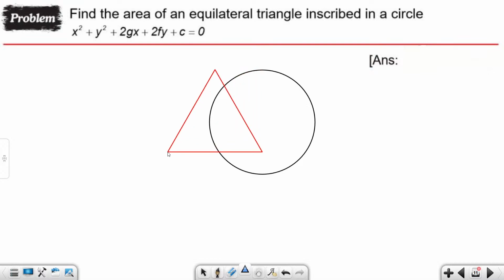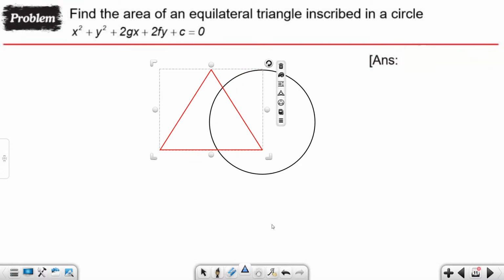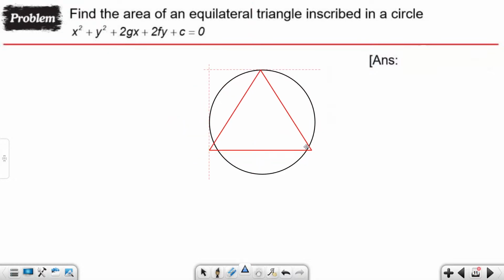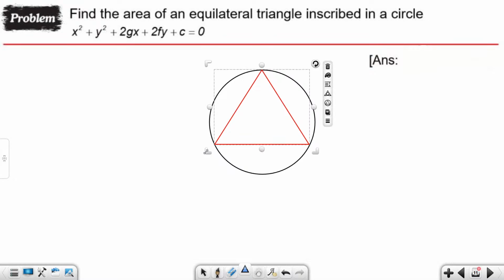Okay, so let me just choose a right angle triangle. I'm sorry, equilateral triangle. So this is our equilateral triangle. And let us consider, already they have given the equation of the circle is x square plus y square plus 2gx, the general form.